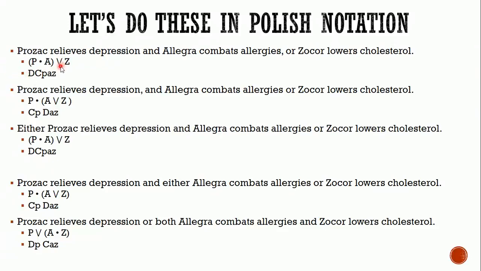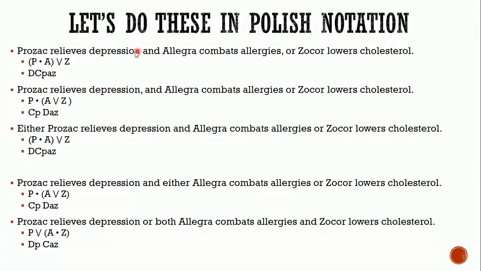So, since this is the main operator, boom, this is a disjunct. So, boom, you put the capital D way out here. So you have capital D. It's disjunction of the conjunction of P, A, CPA, and Z. All right, see that? It's a disjunction of these two things, CPA and Z.